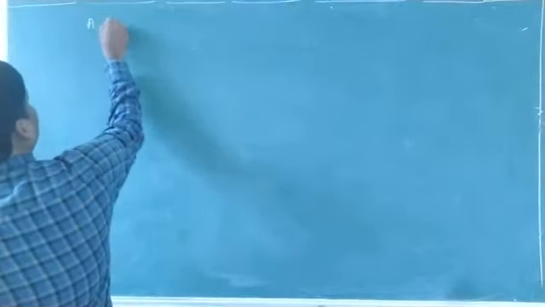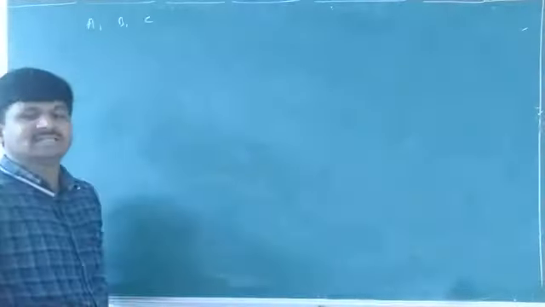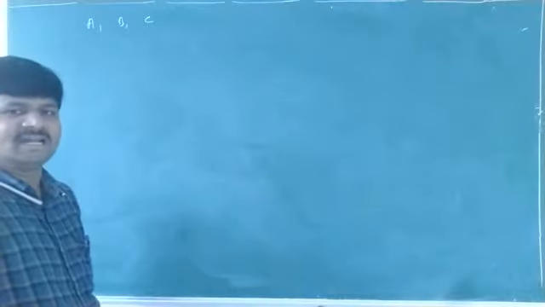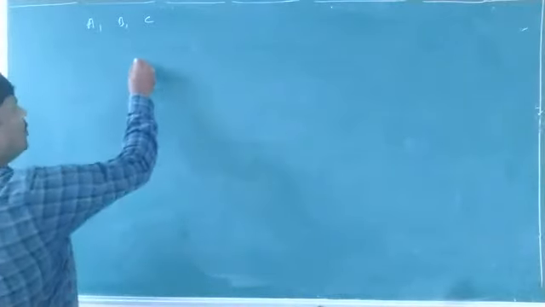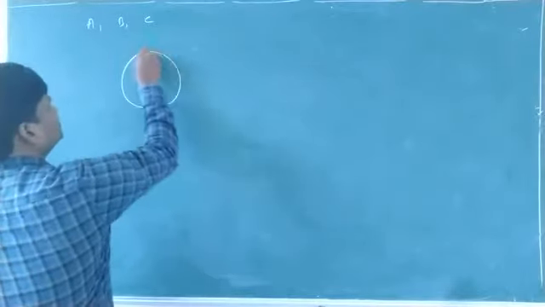Suppose A, B, C are any three sets. Then what is the Venn diagram of A, B, C?